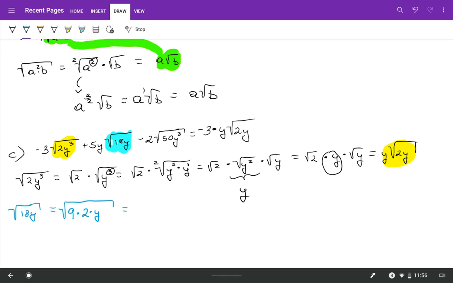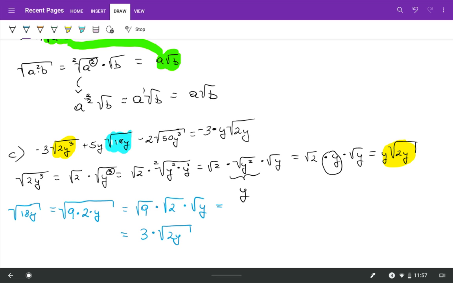So this is the same as square root of 9 times square root of 2 times square root of y, and that will just give us 3 times square root of 2y. Okay, and we're going to keep it that way.